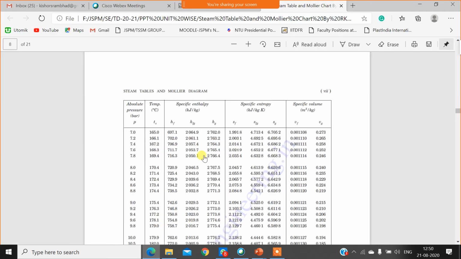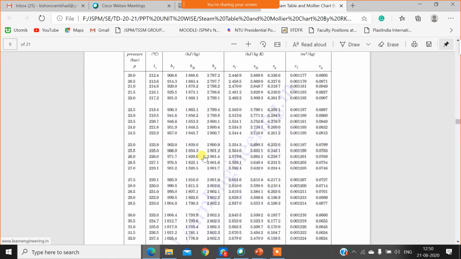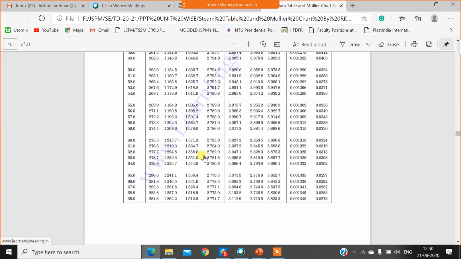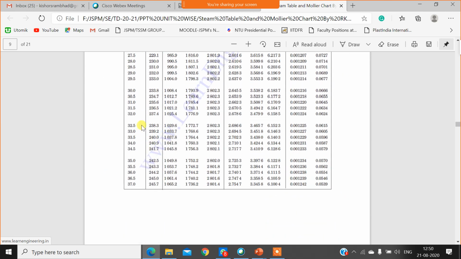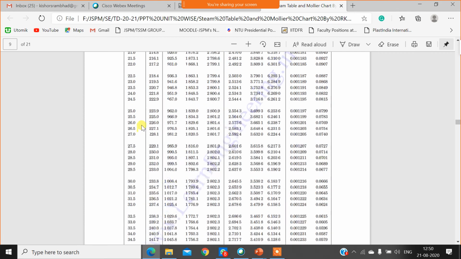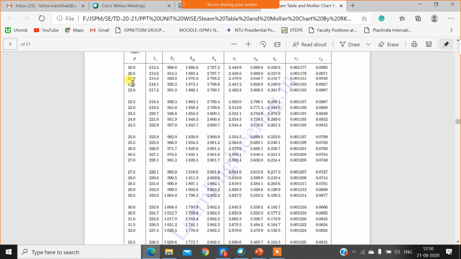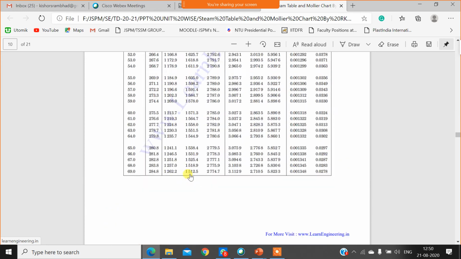At 20 bar, the saturation temperature is 212, but the given temperature is 350. Therefore, it is superheated.